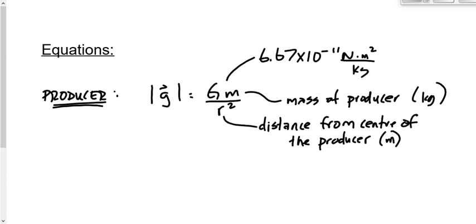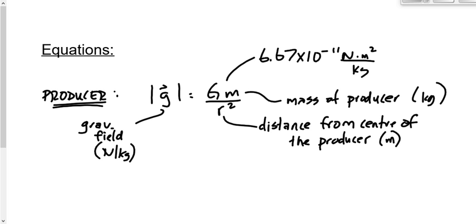If I wanted to find the field strength 100 kilometers above the surface of the Earth, then I would use the distance from the center of the Earth to the surface, and then another 100 kilometers on top of that. From wherever it is that you're trying to find the field to the center of whatever it is that's causing the field. And of course, G is the gravitational field strength. If it's caused by something, and the units for gravitational field are newtons per kilogram.